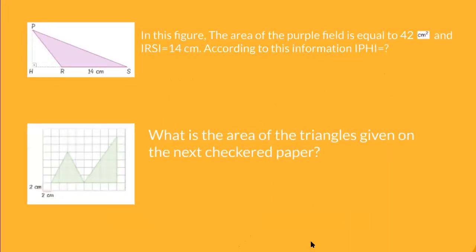Now, we can look at the practice question. Okay. In this figure, the area of the purple field is equal to 42 centimeters squared, and this side is 14 centimeters. According to this information, what is this side distance? Okay, now you learned finding area of triangle. See? Yes.